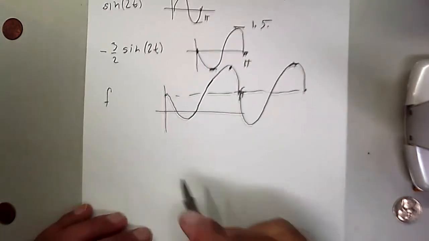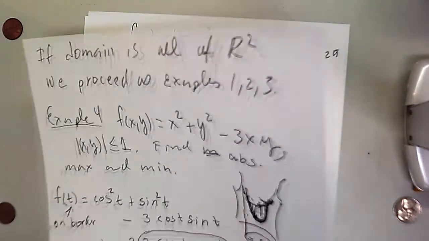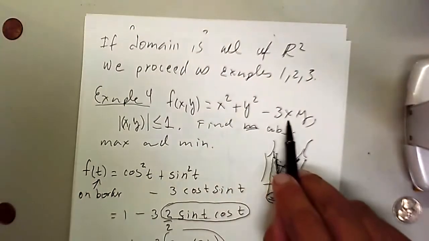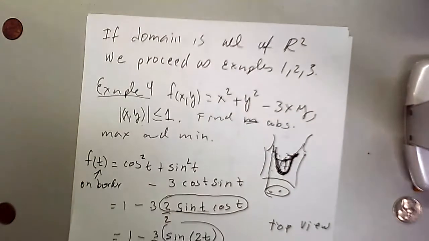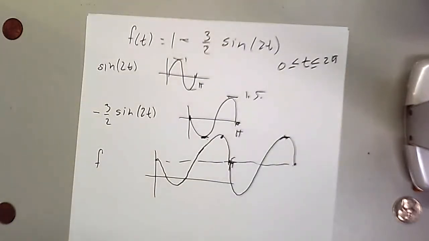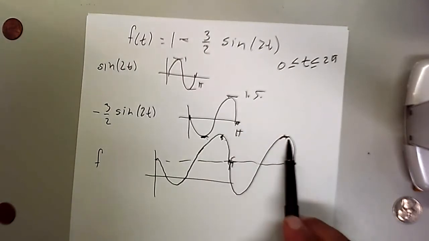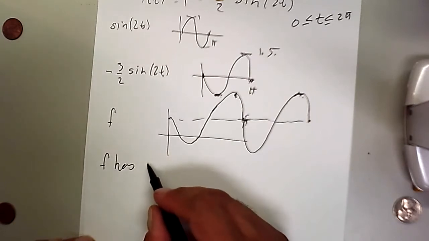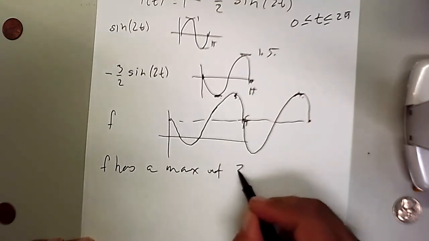So f, the f in example 4, mind, example 4 is this function, the same one we had in example 2, except that we're restricting the domain. Nothing exciting happens at 0, 0, because we have a saddle point. On the boundary, though, we do have a maximum. The maximum will be 2.5. So f has a maximum of 2.5.